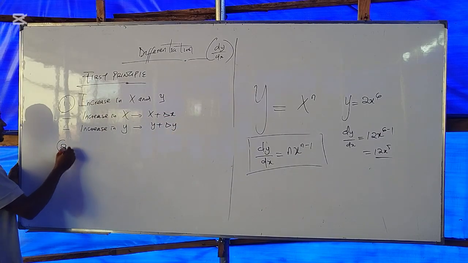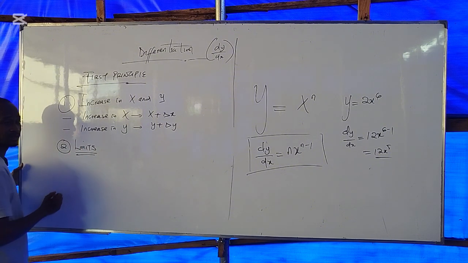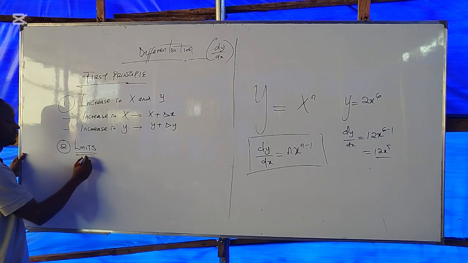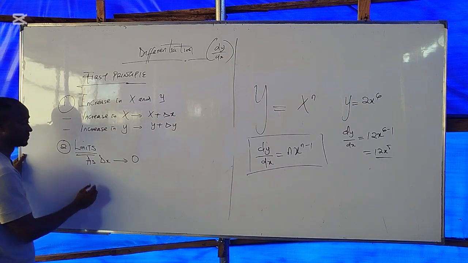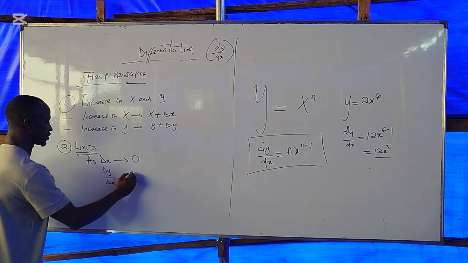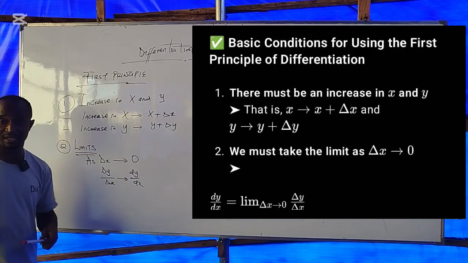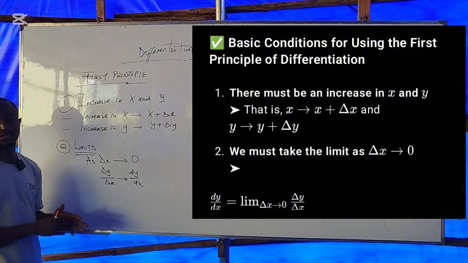Number 2 condition is to take your limit. For limits, as your delta x approaches 0, delta y over delta x must approach dy/dx.